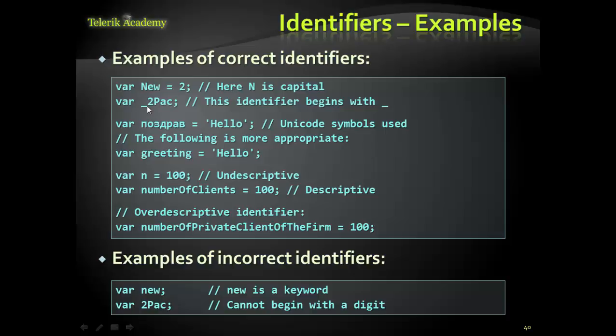You can begin a variable with an underscore, but if I would remove the underscore here, I'll get a variable which starts with a number, and that would also be a problem. You can use Unicode, as we saw, to define your variables, but it's also not recommended. So the good way to do this, put a var, give it a normal name that somebody will understand what it is for, and initialize it with the right appropriate value so it won't get completely lost, and that's it.